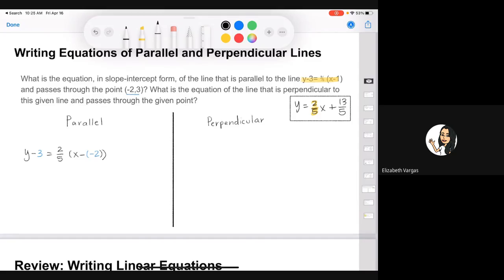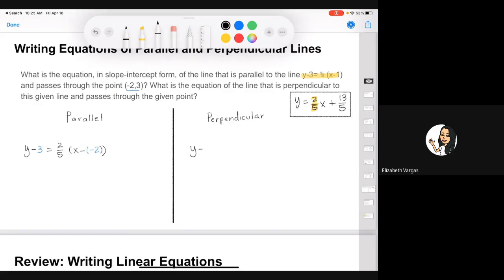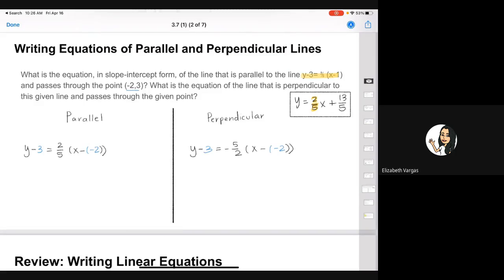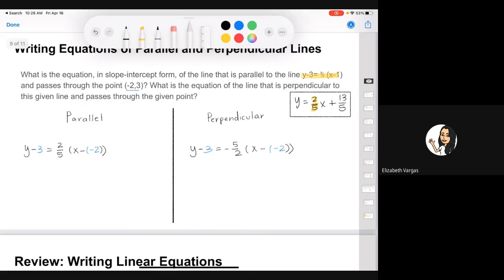And so I can solve for that. For my perpendicular, I need the negative reciprocal. So same thing, I'm using the same point, but now I need the negative reciprocal, which is negative 5 over 2. Flip the fraction and then negate it, x minus negative 2. And that's what I'm simplifying and solving for.